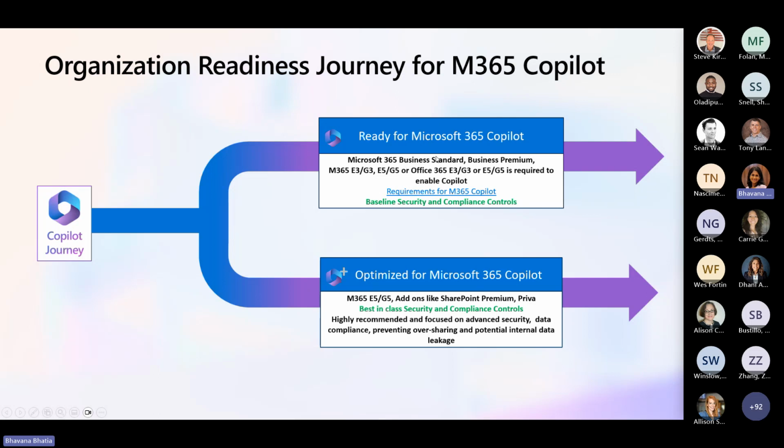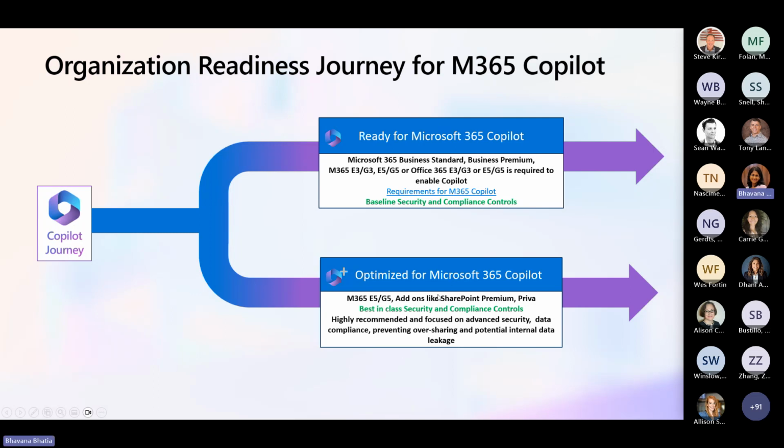If you have these eligible base licenses and you meet the Copilot prerequisites and recommendations, you can purchase Copilot licenses when it's available to government customers. We suggest you set up the core security and compliance controls that are available to you within these base licenses, and you should be ready to start using Copilot.